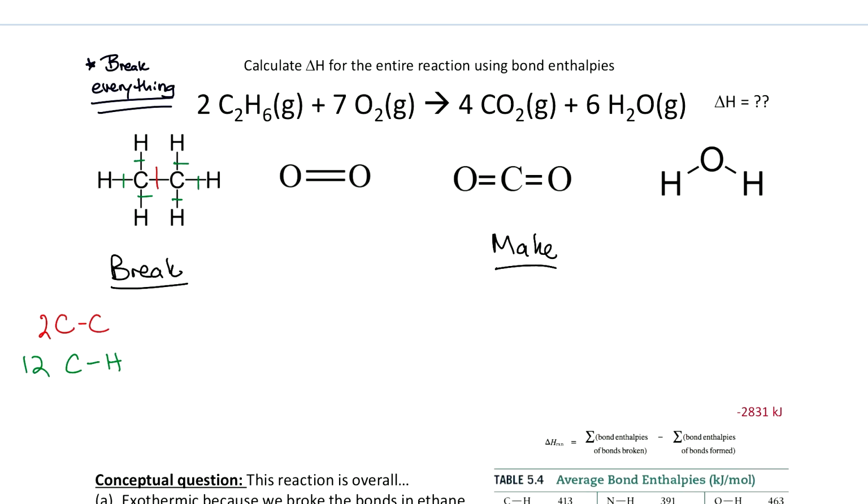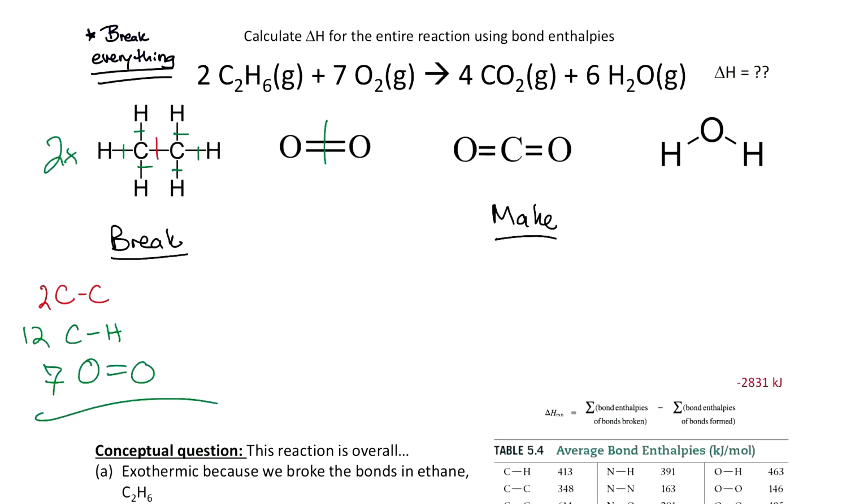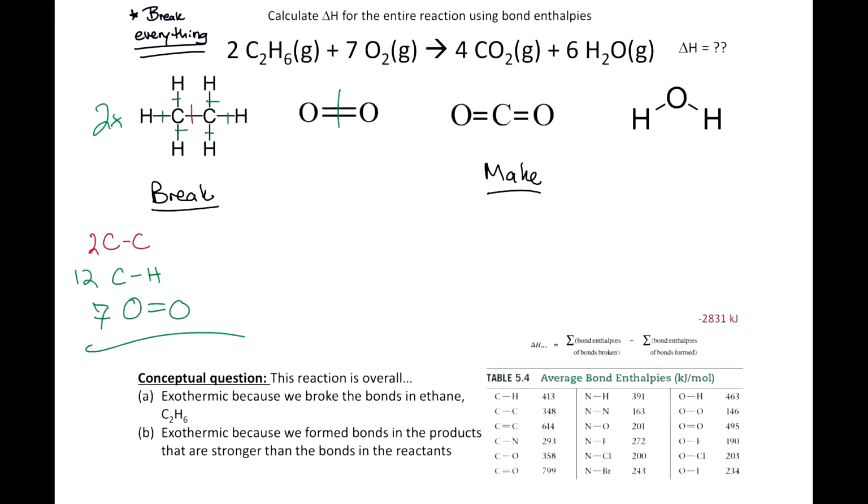What else do we have to break? Is that the only thing? Nope. We have to break these oxygen molecules. One oxygen molecule has an oxygen-oxygen double bond, but how many total do we have to break? 7. We look up the bond enthalpies for those different bonds down here.